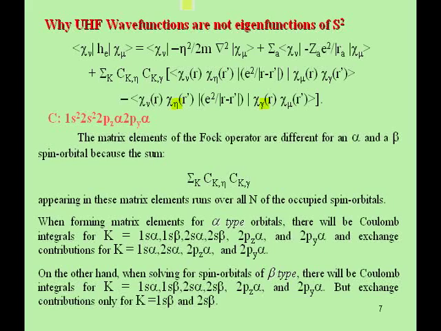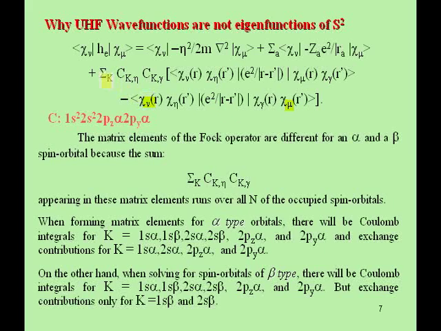So just to make the long story short, let me show you how this game would go. What I'm saying is that in this list of integrals, in forming the Fock matrix, if mu and nu are alpha, then in this summation over k, only 1s alpha, 2s alpha, 2px alpha, and 2py alpha would contribute to this exchange term. In contrast, when we form the beta block of this Fock matrix, where nu and mu are beta spin orbitals, we're trying to form a different matrix for the beta world.